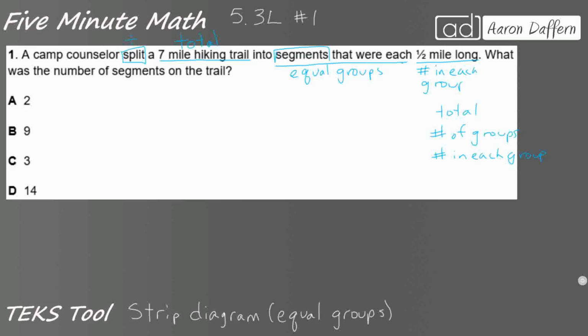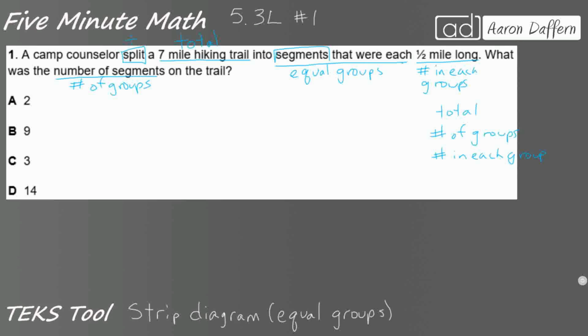That's being asked for. What it was, the number of segments. And since that word segments there is being used to describe that each segment was an equal amount, then that's going to be our number of groups. And so we're just looking for the number of groups or the number of segments, and each segment is half-mile. That's how much is in each of these segments.